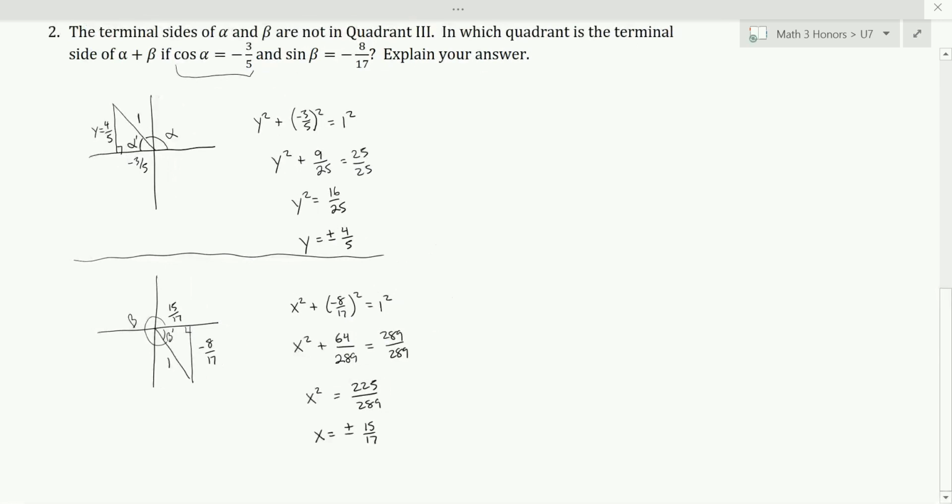Now to find out where alpha plus beta is, we're going to find the sine of alpha plus beta and the cosine of alpha plus beta. And based on what we end up with, we'll find out what quadrant we're in. So the sine of alpha plus beta, did you find that yet? Go ahead and solve for that if you haven't yet.